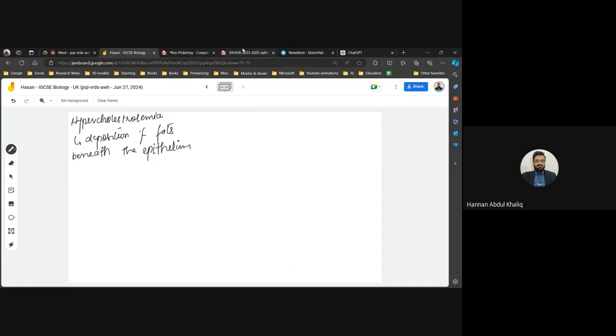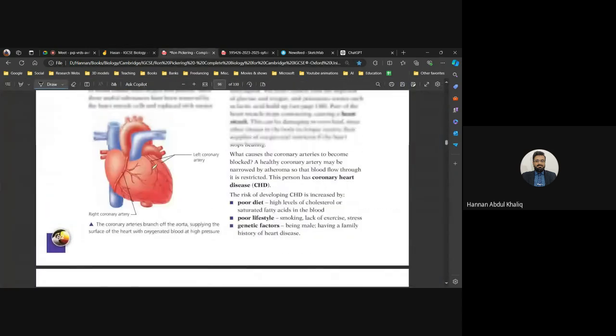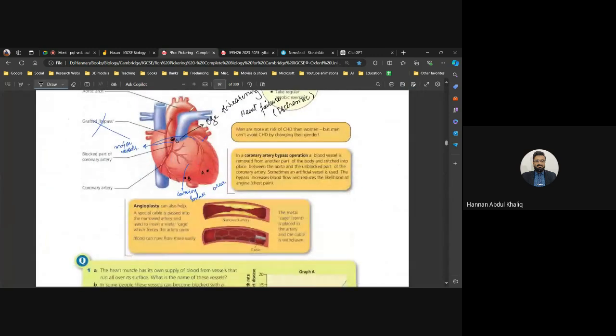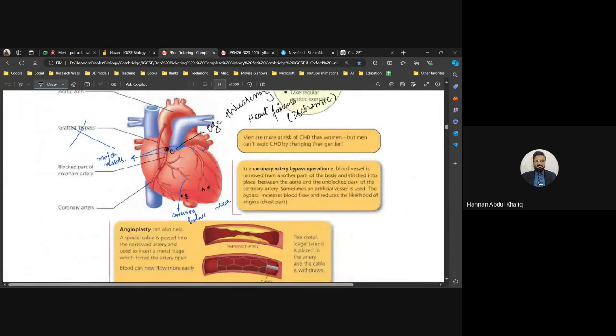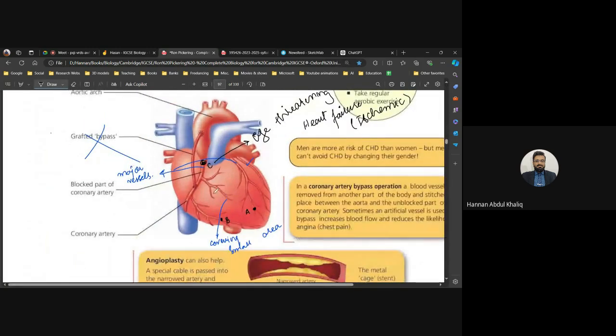And you can simply see the blockage over here. This might be the blocked vessel.